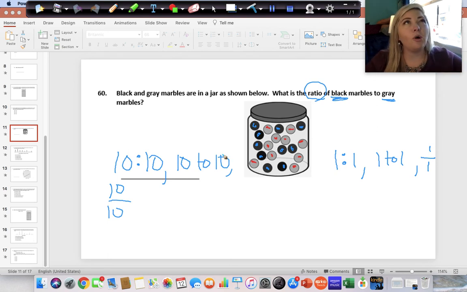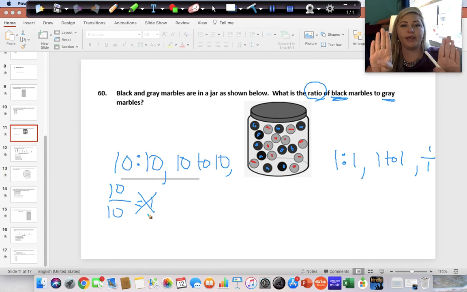Remember, though, you don't want to divide 10 over 10 to get 1, because we don't want just one number. We are comparing two things. A ratio is comparing two things. So we want to keep those two numbers, the 10 and the 10, or the 1 and the 1.